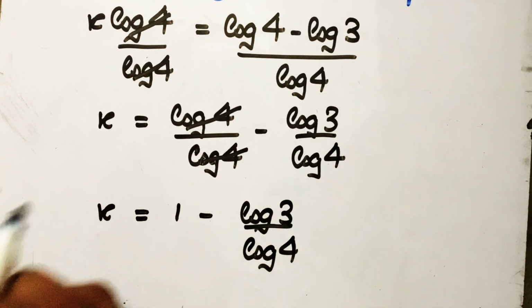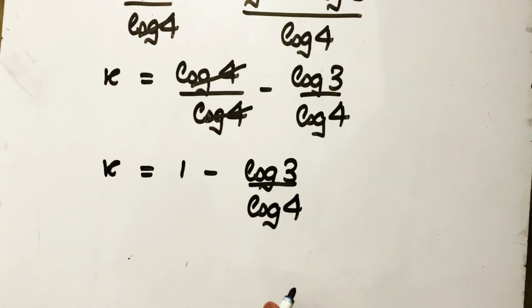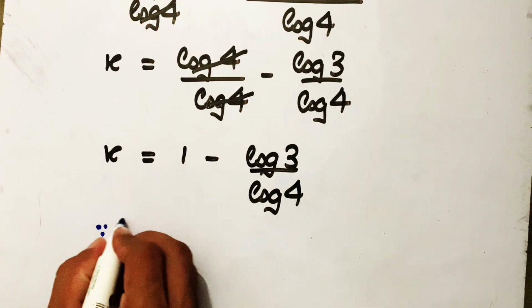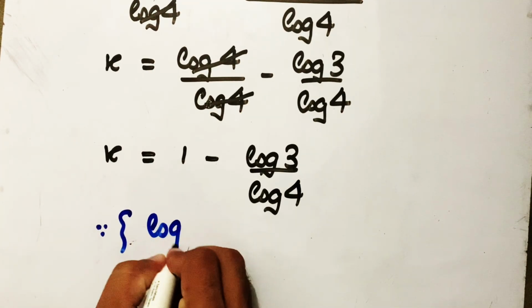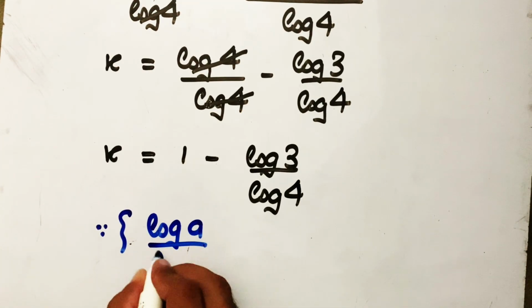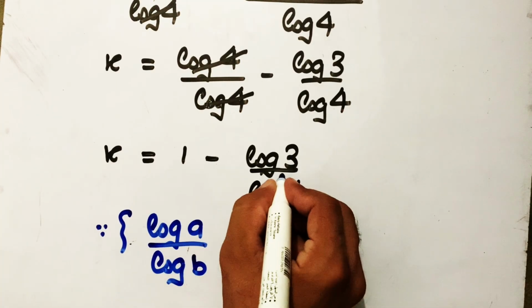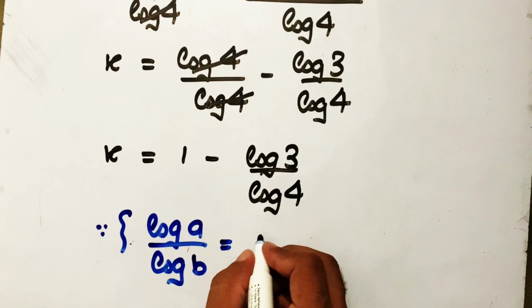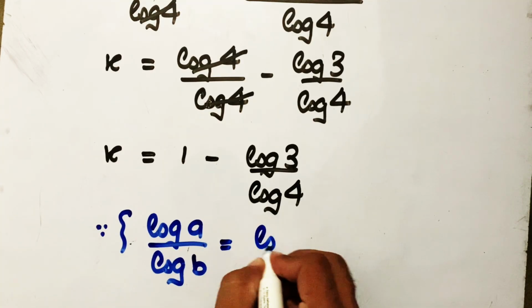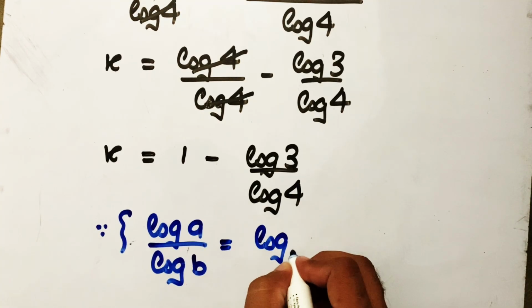So I'm using the change of base formula. The change of base formula is that log of a divided by log of b, similar to the above condition, looks like log base b of a.